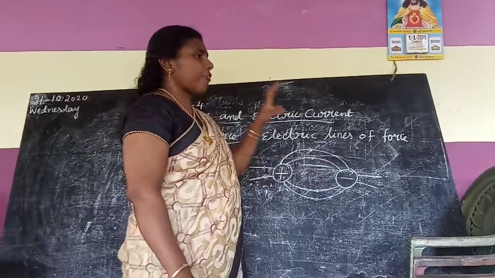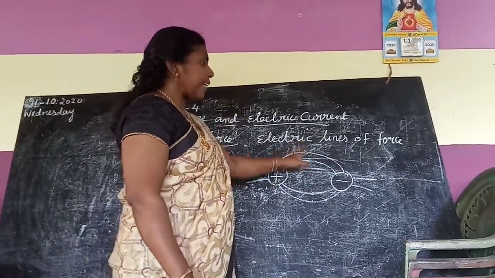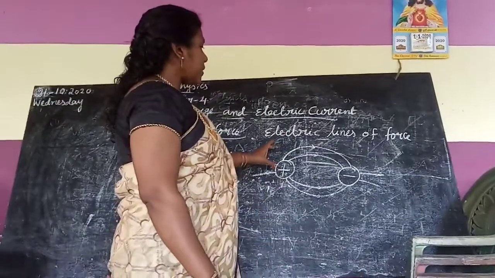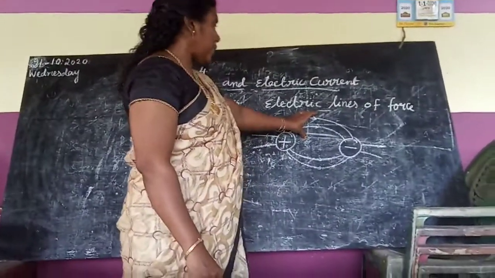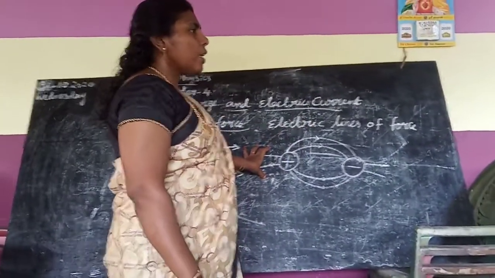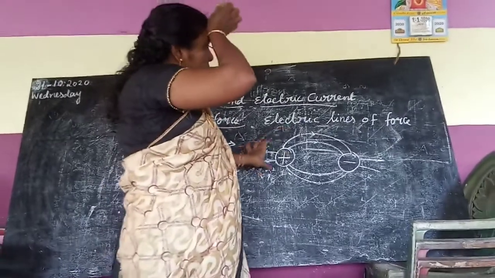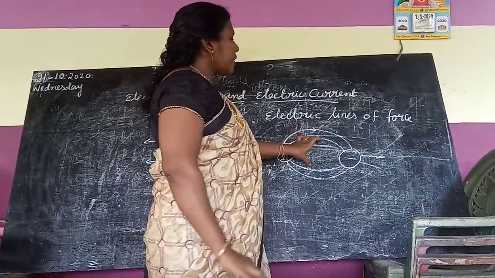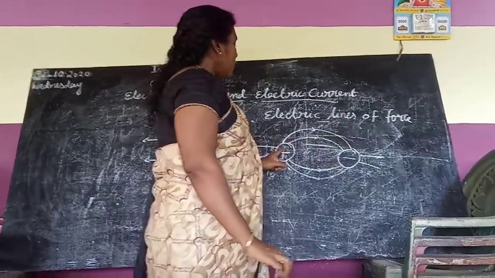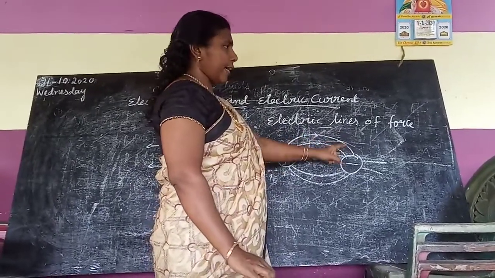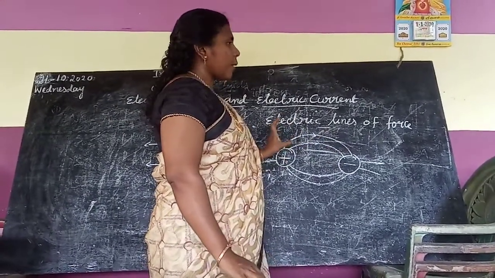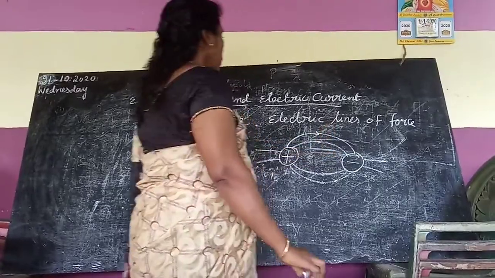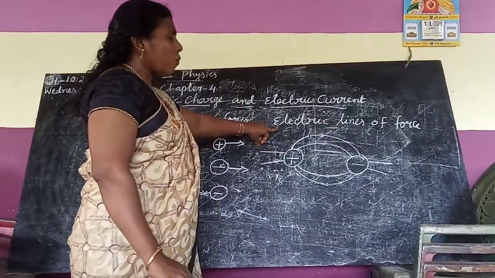Here some electric force is there. So this is electric lines of force. They go from positive charge to negative charge. So this is only electric lines of force.